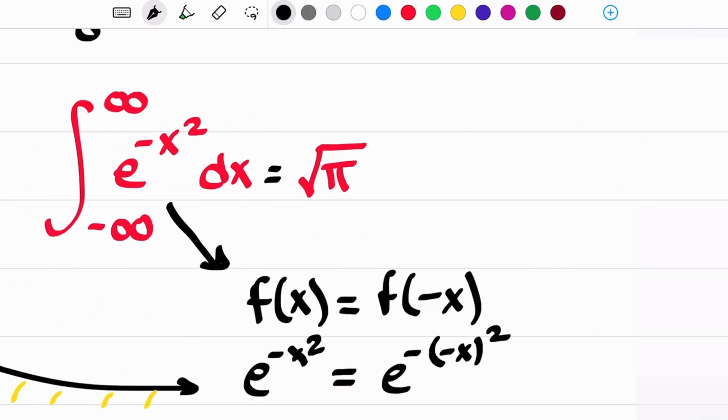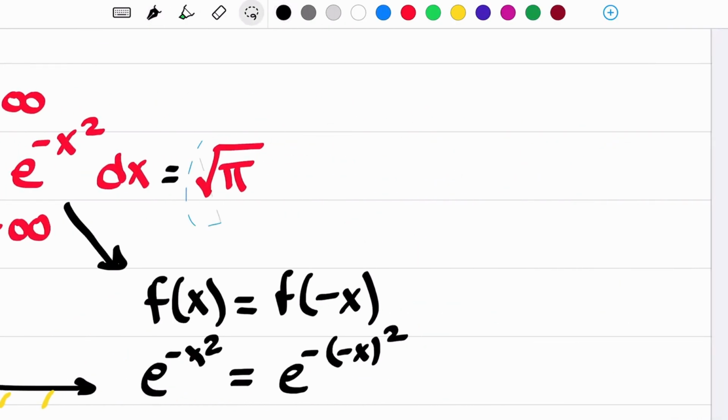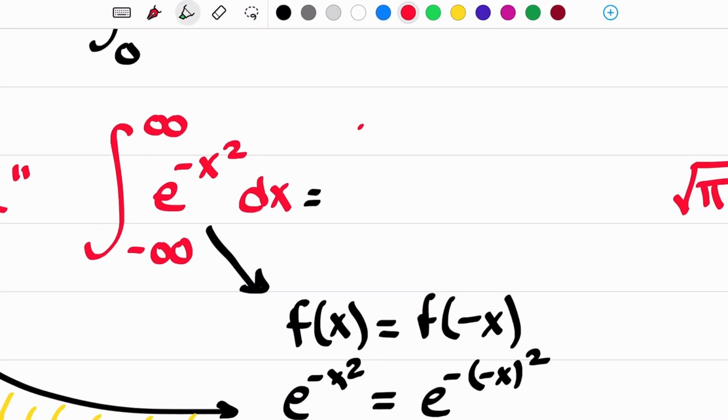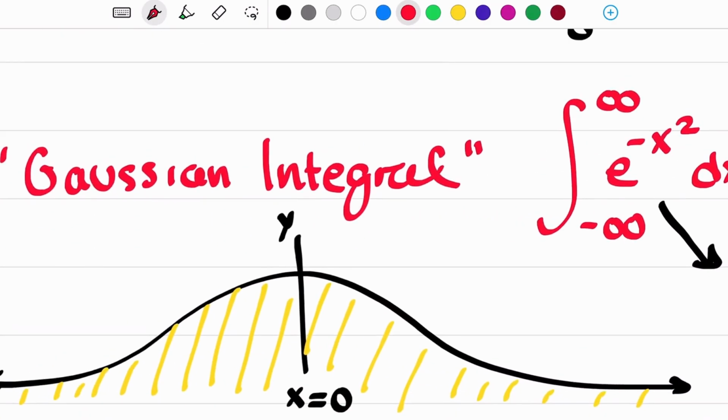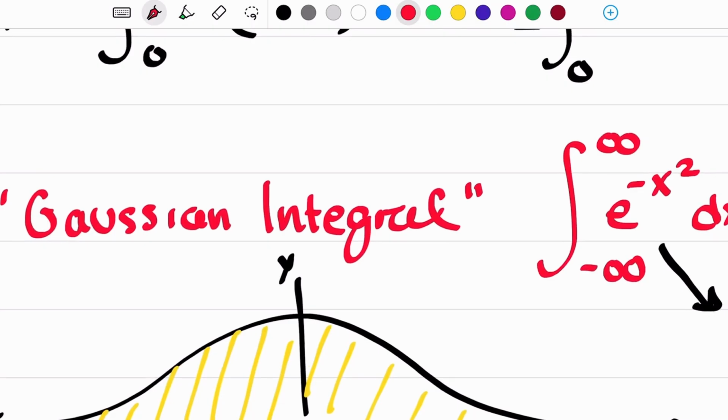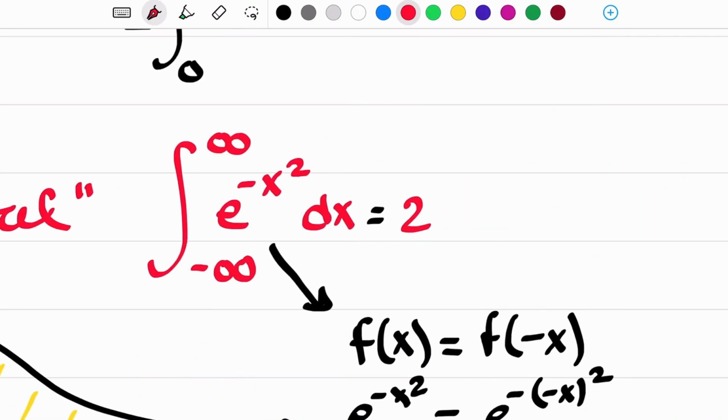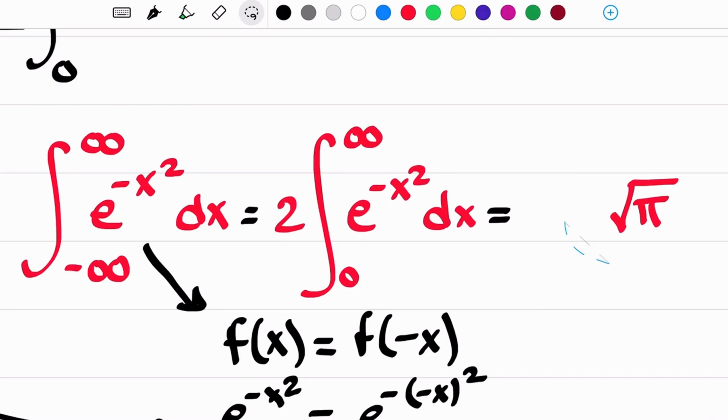And so what that means is that if I wanted to rewrite this big giant Gaussian integral here, if I go from negative infinity to positive infinity on this function over here, that's just 2 times if I went from 0 to infinity, just by the symmetry of that. That's still equal to the square root of pi. So that's sort of the geometric consequence for that.